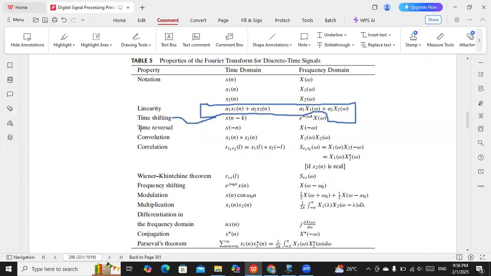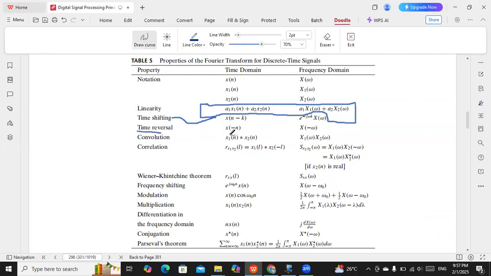And the time reversal property is here. That is also simple. Time reversal means if you have the x[n] value, that is like this, here, here, like this, up to L minus 1.